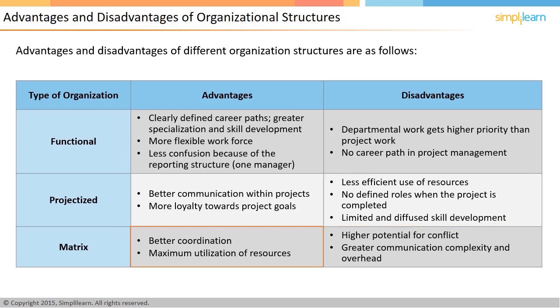It also has the advantage of better coordination and maximum utilization of resources. However, the disadvantage is the higher potential for conflict among the managers, which might lead to communication complexity and overhead management. In the next screen, let us focus on the comparison on project lifecycle and product lifecycle.